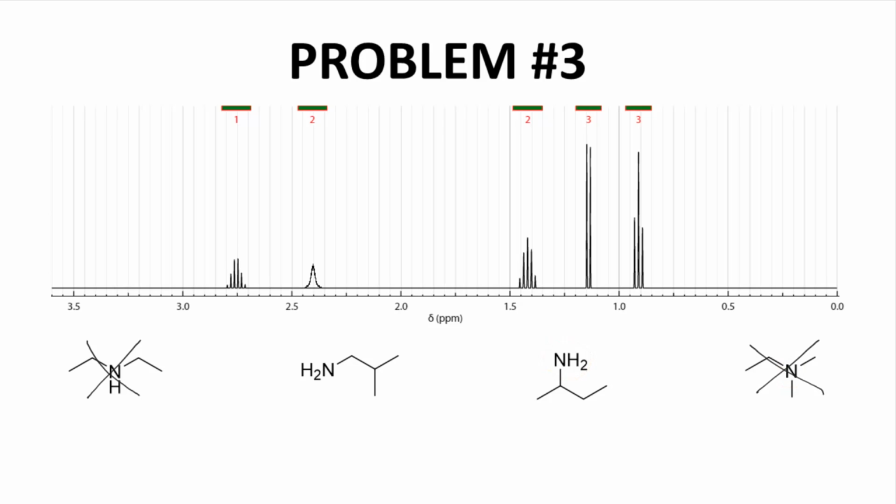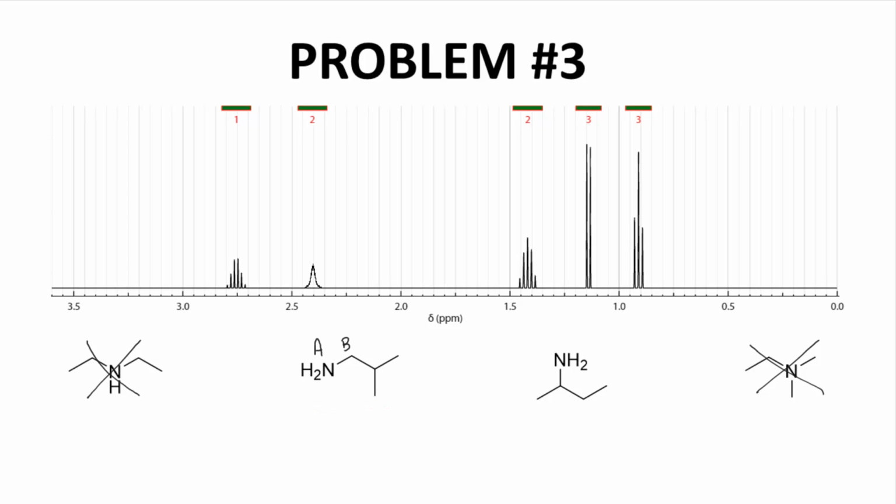So now we're down to 2 possibilities, and we need to look at the other peaks. I tend to gravitate towards these methyl groups if I can. So here we see there are 2 different methyl groups in this structure. If we look at this second structure, which is answer B on the sheet, we can see that, well, okay, these NHs should show up.